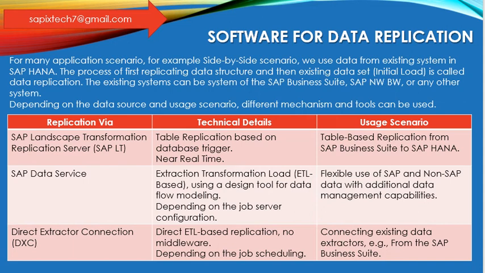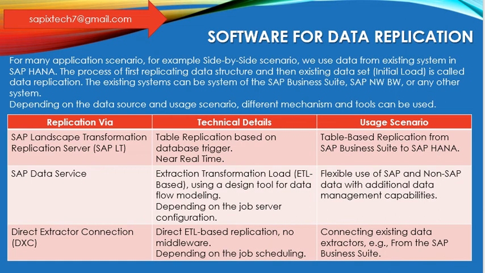This is used to replicate data from SAP to SAP system only. So what the SAP basis team does is create an RFC connection directly with the source system and start uploading data into the target system. This is a high level process.